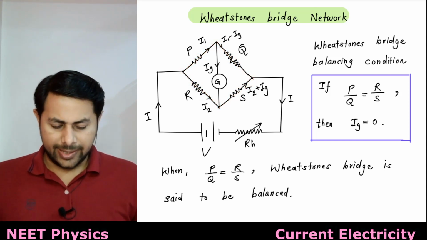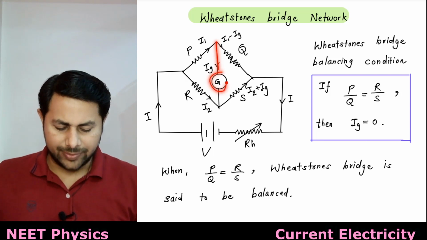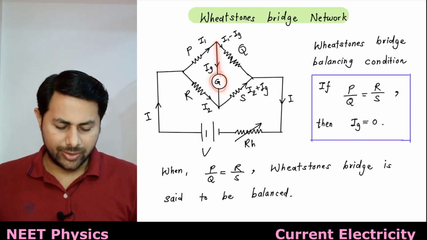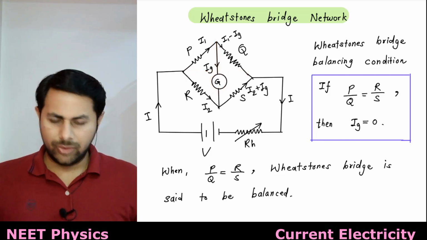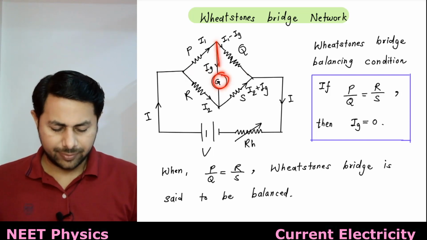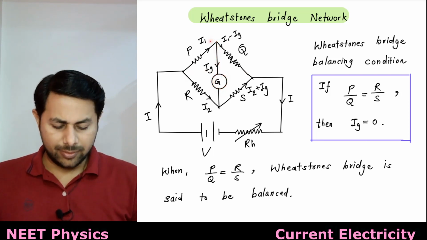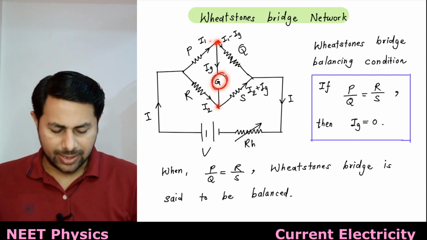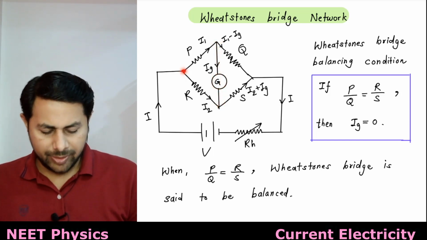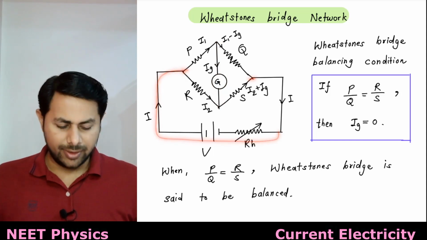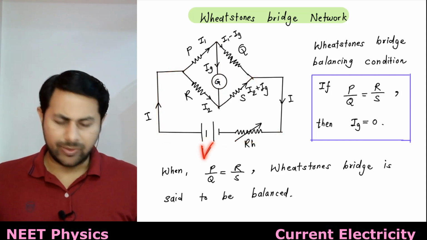And along this diagonal you will connect a galvanometer. Between these diagonal points you will connect a galvanometer, and between these 2 points you are connecting a battery having voltage equal to V, suppose.